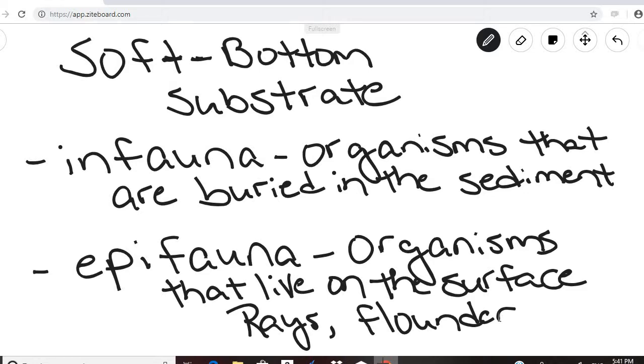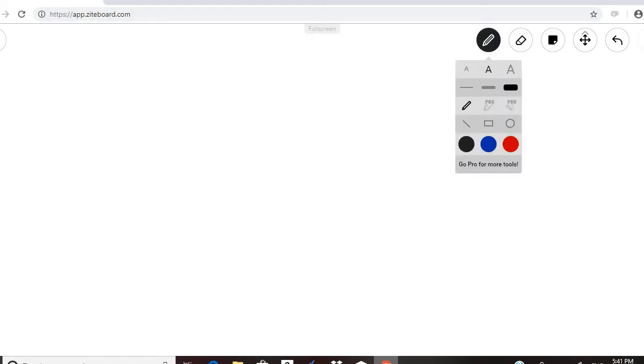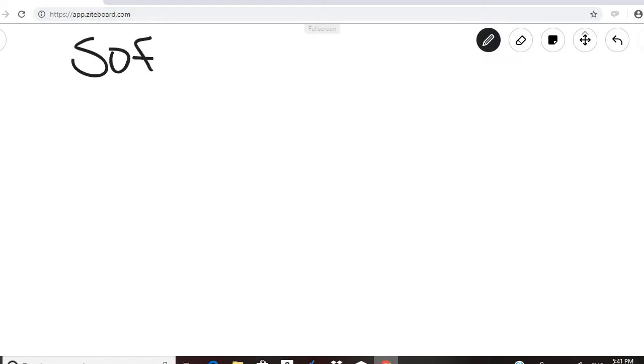So in the soft bottom substrate, so we're still talking about soft bottom, so I'll write that up there again. In the soft bottom of the continental shelf, there are a large number of species that live here, and one of the reasons for that is because of the fact that the temperature and salinity are pretty constant.